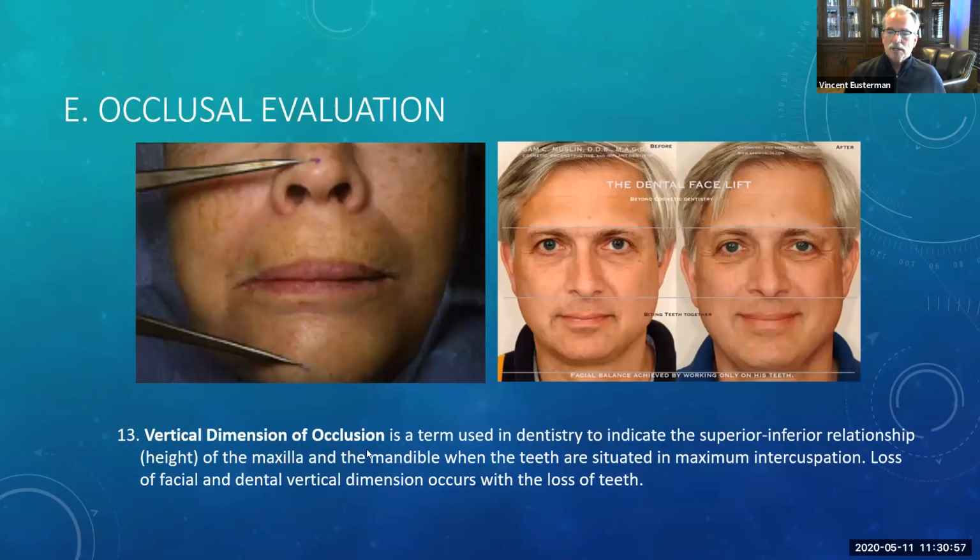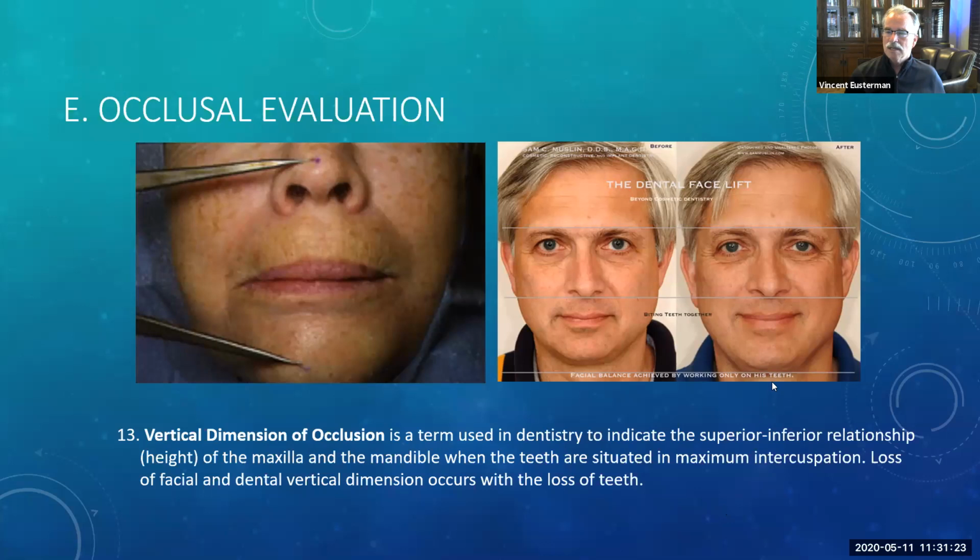So vertical dimension is another thing to consider under these circumstances. And that's actually a distance between the chin and the nose. This patient has had a dental facelift, and he has had restoration of teeth that were missing that would allow his face to be full again, the muscles to be at the correct lengths, and that sort of thing.